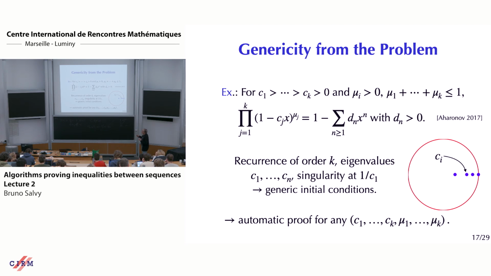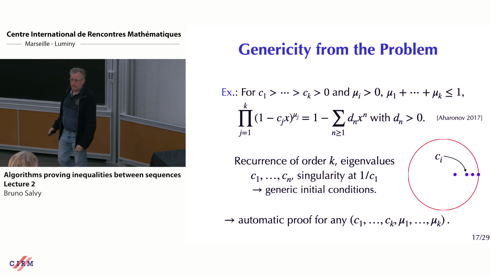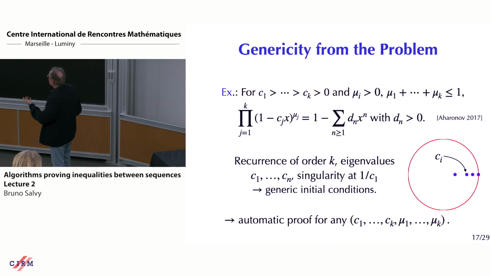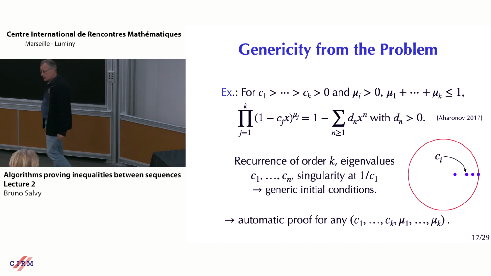And here the radius of convergence is given by the largest C1. So we know that we are in the generic setting, because the eigenvector is 1, C1, C1 squared, and so on. The other ones are smaller. So without any computation, but from outside knowledge, we know that the initial conditions are okay, so we get an automatic proof for any choice of the CIs.